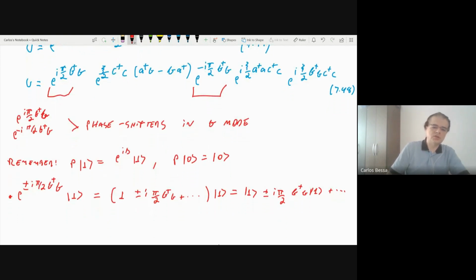So this state is 1 plus minus i pi over 2 plus higher order terms, times 1, and this is just the exponential of plus minus i pi over 2 times 1.